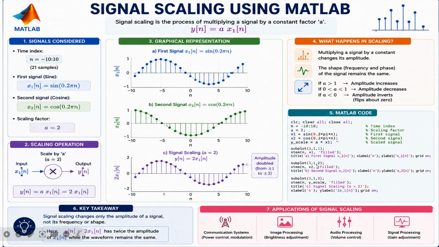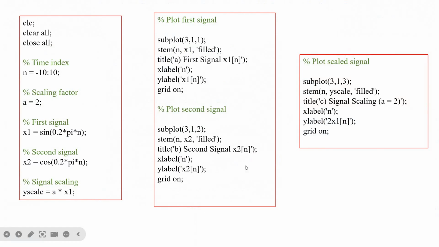Next we have to plot the first signal, second signal and the third signal. So signal scaling changes only the amplitude of the signal, not its frequency or shape. This you have to remember. And these are the applications: it is used in communication systems, image processing, audio processing and signal processing.